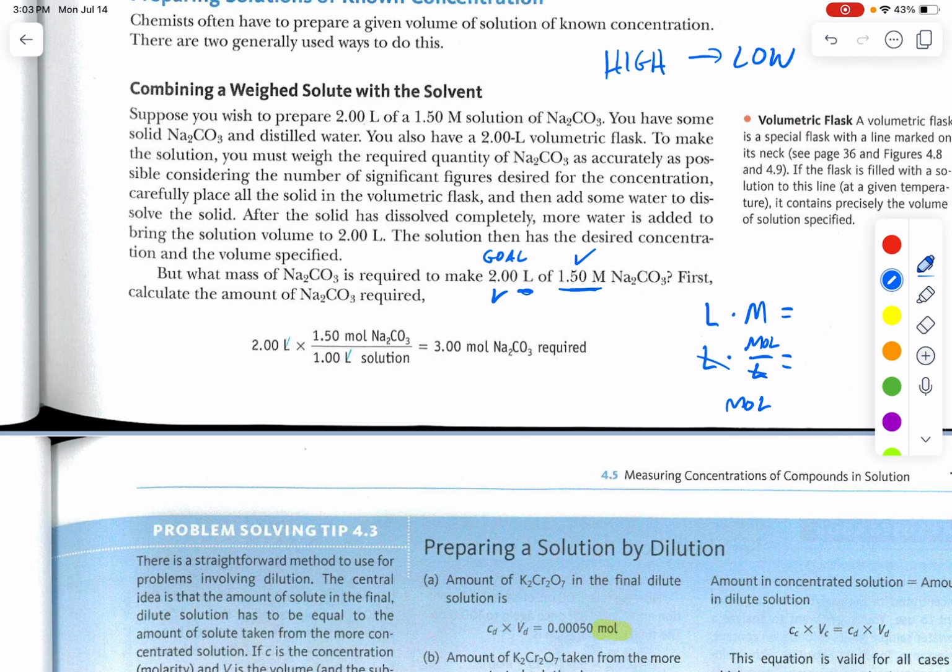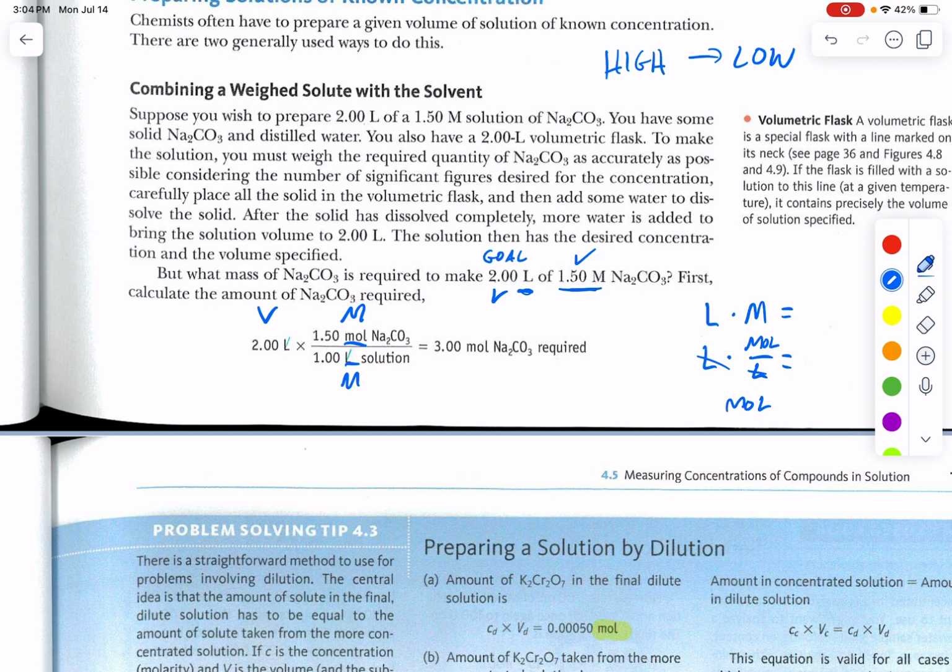So in this particular case, here's your 2 liters of solution. This is your volume, and here's your molarity. Molarity is 1.50. Notice moles per liter is molarity, same thing.